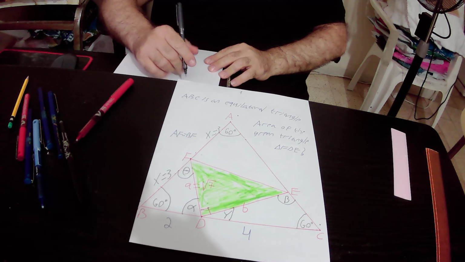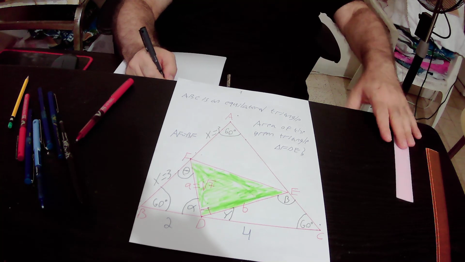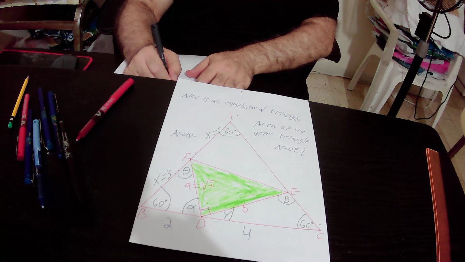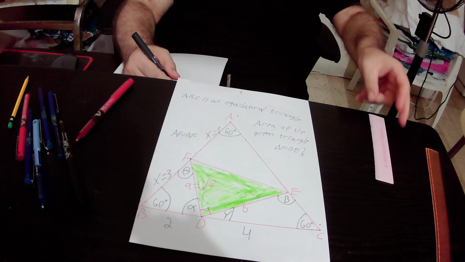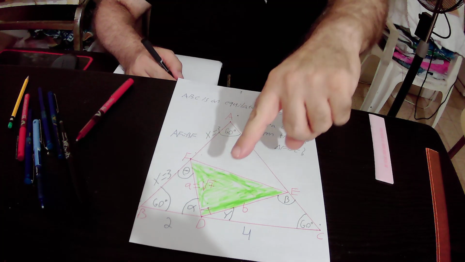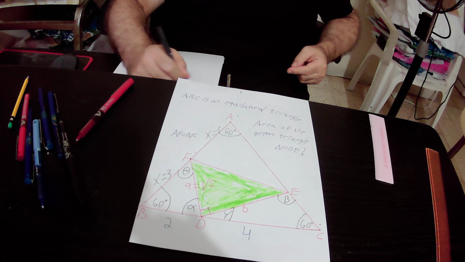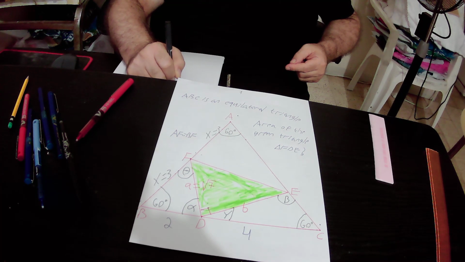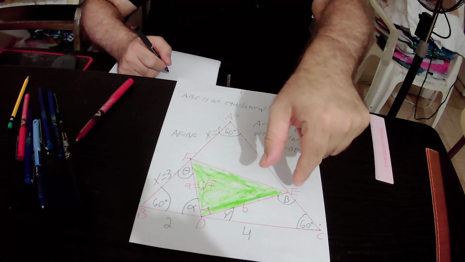Okay, so in triangle EDC, ED over sinus 60 degrees equals to DC over sinus beta.